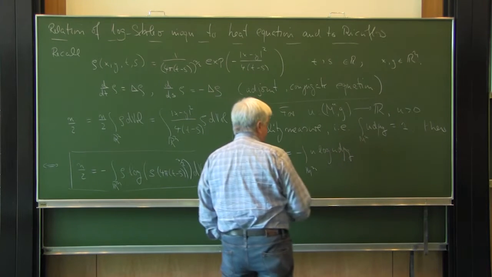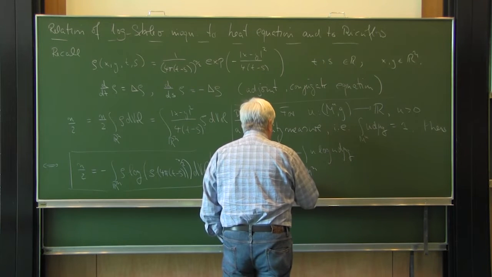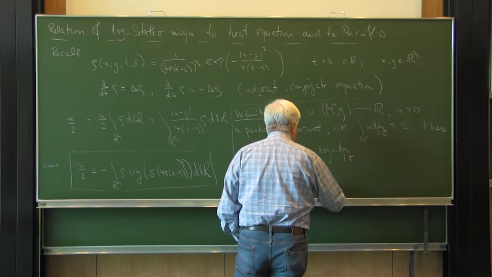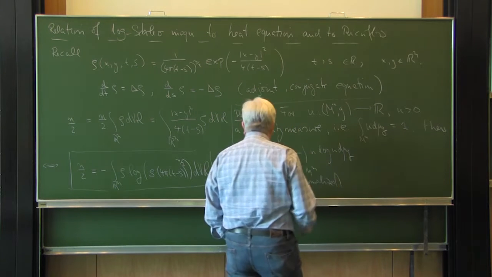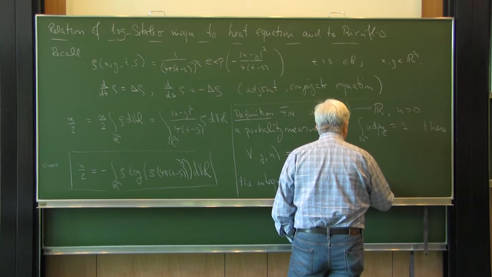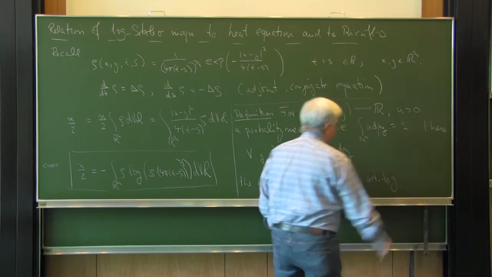And there's no tau parameter in there, so this is the unnormalized entropy of u with respect to the metric g.